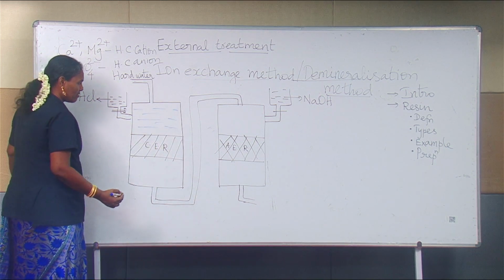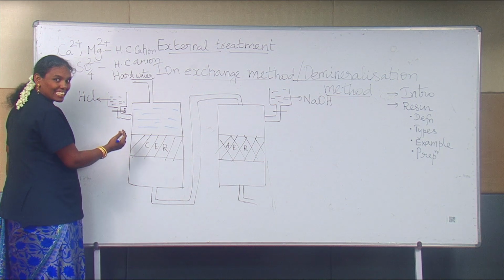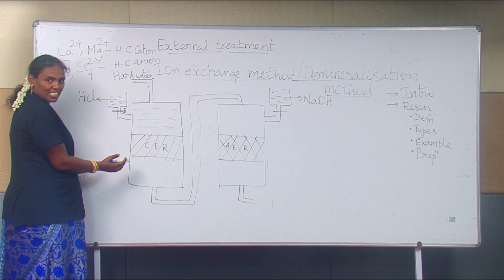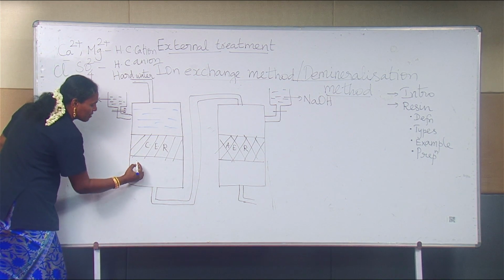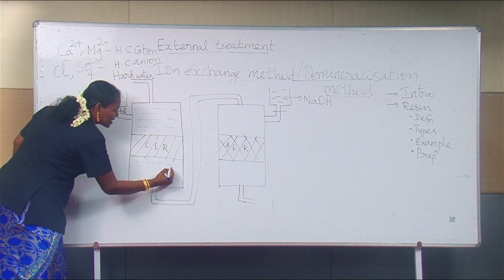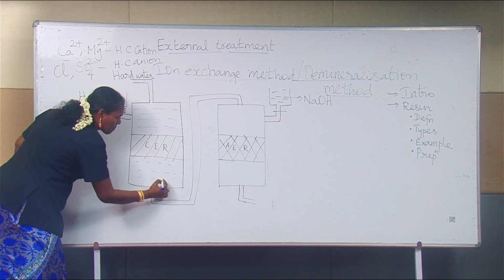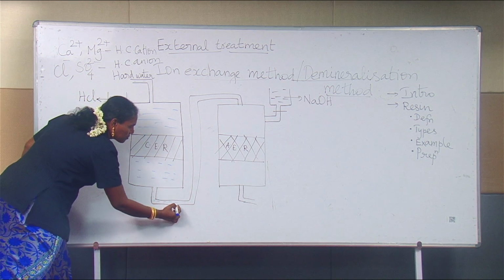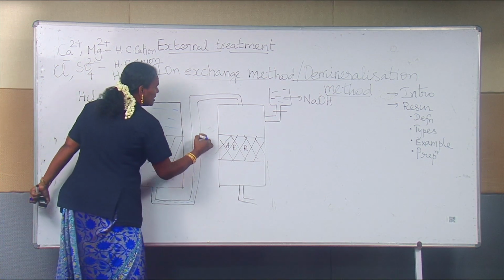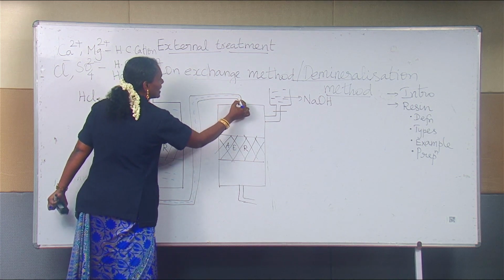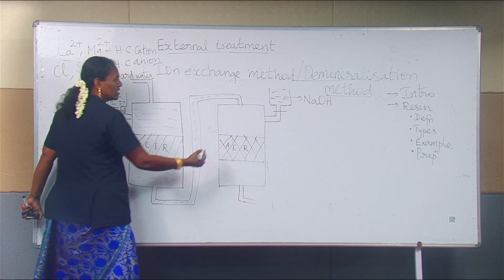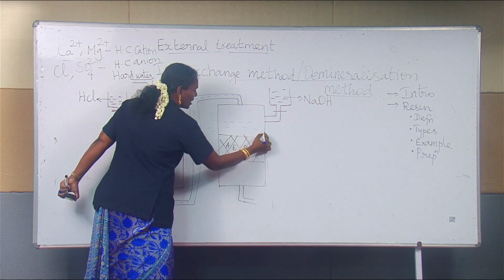Okay. Then once it enters the cation exchange resin bed, what will happen? Cations are absorbed. Then that cation free water enters the second cylinder. Here also we have water.